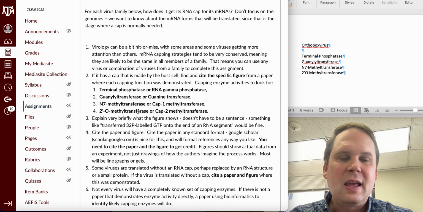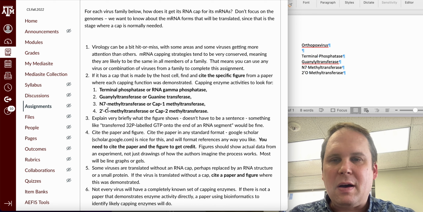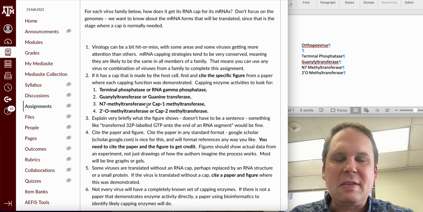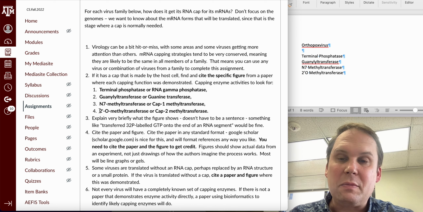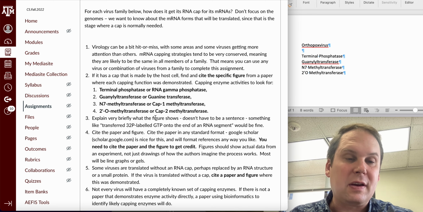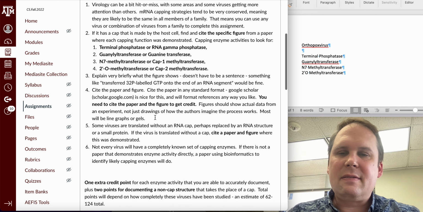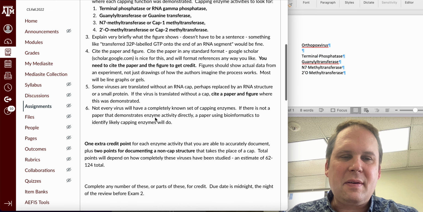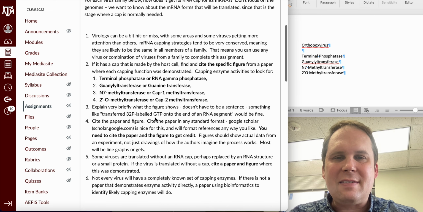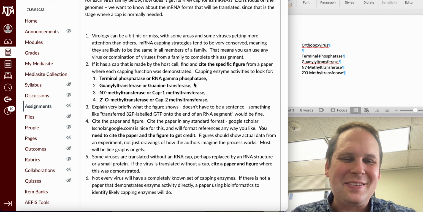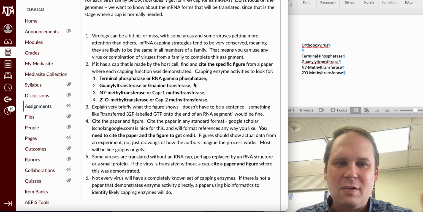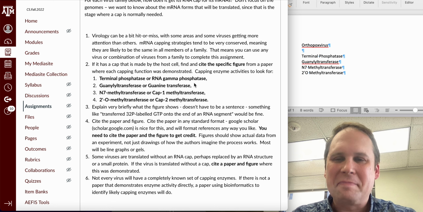There's putting the first methyl group on, which is an N7 methyltransferase, and there's putting the second methyl group on, which is a 2'O methyltransferase. To document these, you're going to go out on a giant Easter egg hunt. You're going to see which ones you can find in all of virology literature.